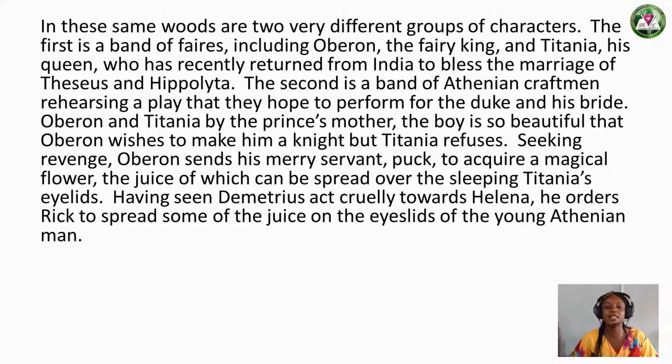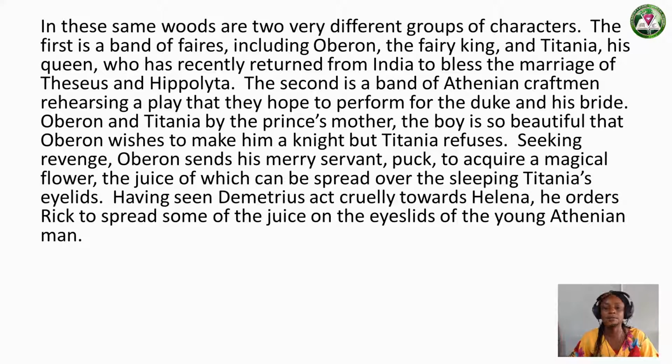The first is the band of fairies, including Oberon, the fairy king, and Titania, his queen, who has recently returned from India to bless the marriage of Theseus and Hippolyta. That means in this wood we have the fairies. Shakespearean plays are filled with a lot of fairies.